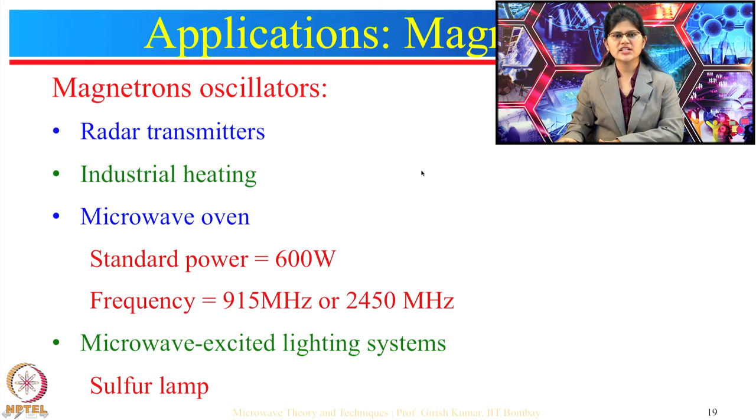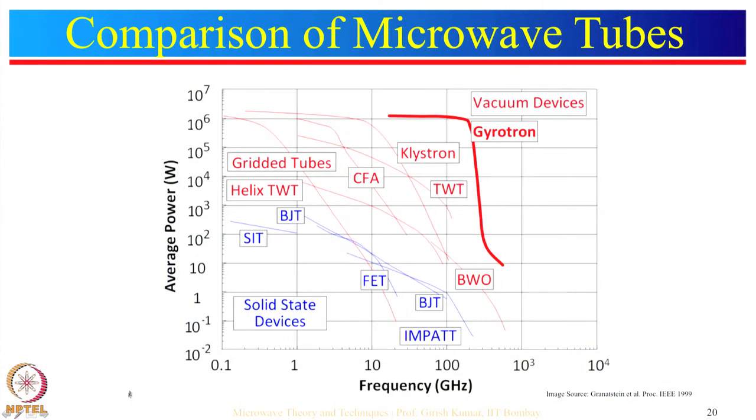Now let's move on to the comparison of microwave tubes. So this vertical axis is the average power that can be provided by the microwave tubes, and this horizontal axis is the frequencies over which these microwave tubes can work.